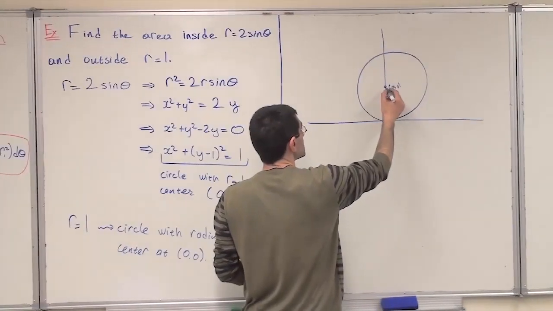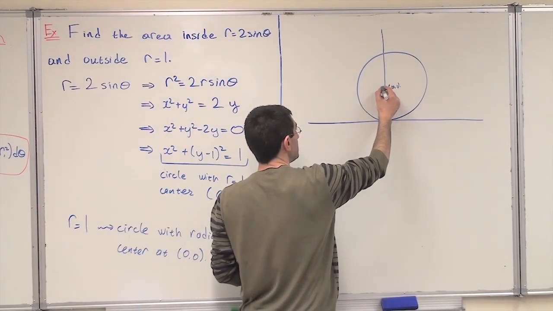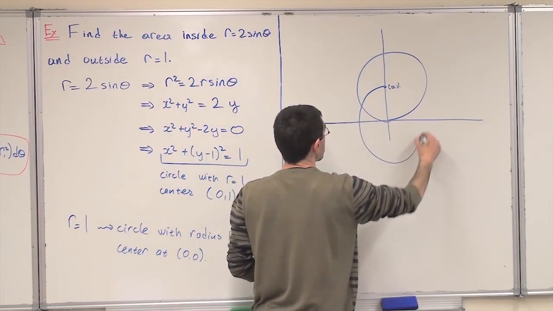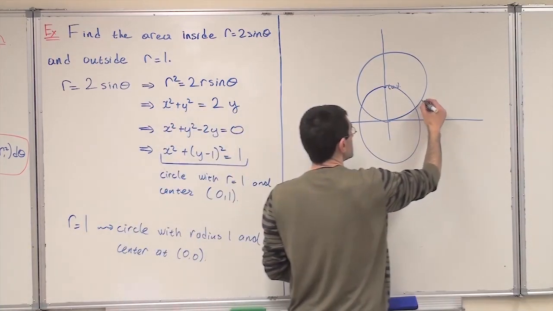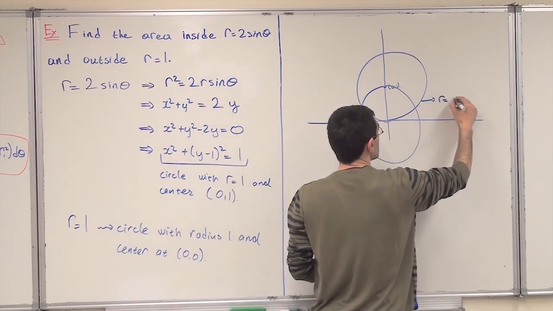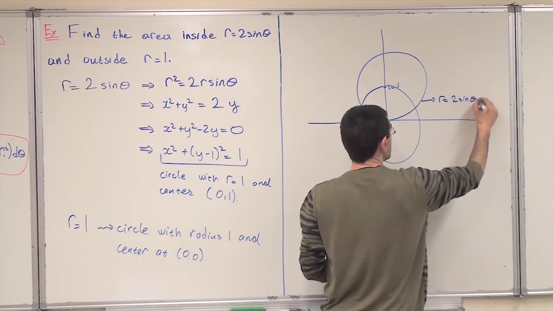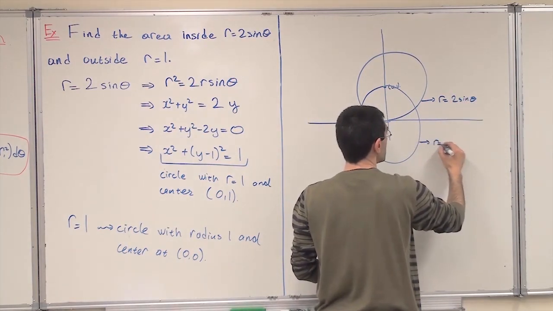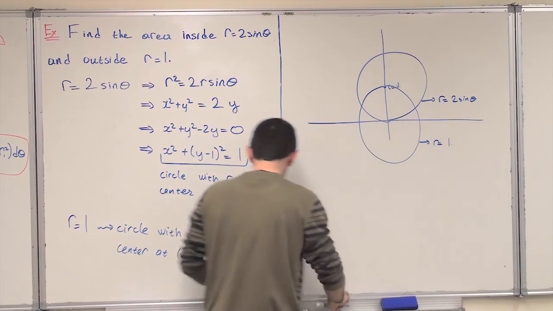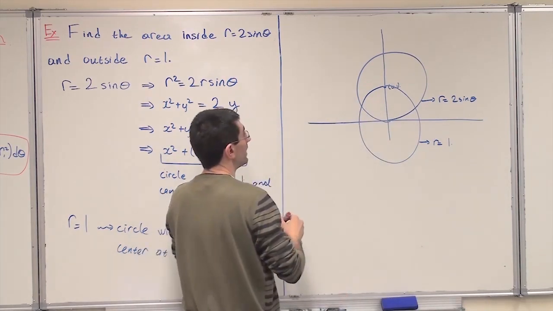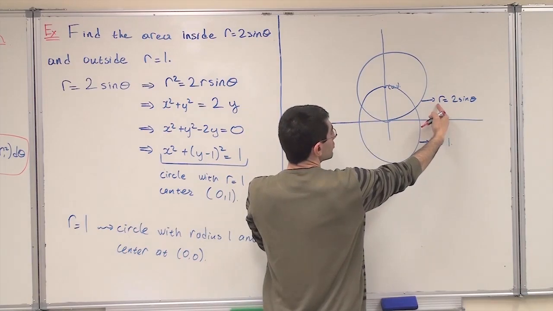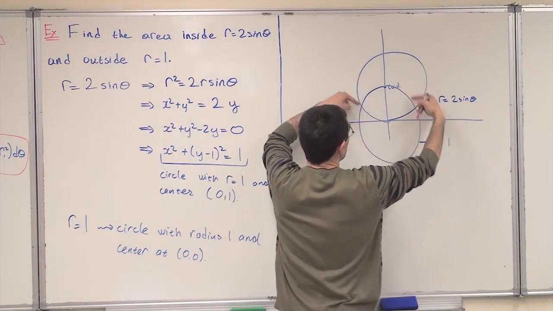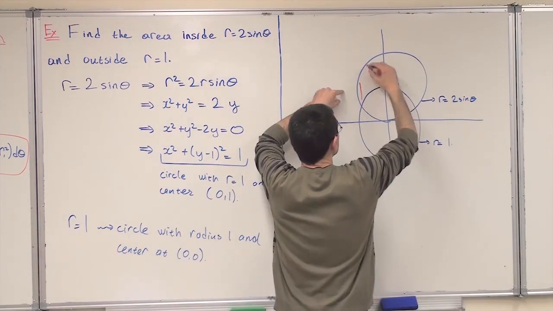So let us sketch that as well. So here is r equals 2 sine theta, and here is r equals 1. So the region that we are talking about is inside r equals 2 sine theta and outside r equals 1.